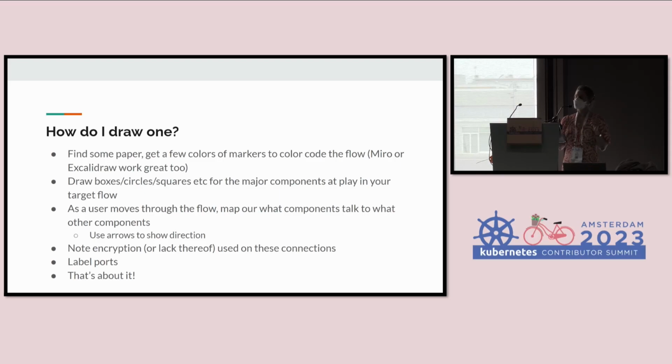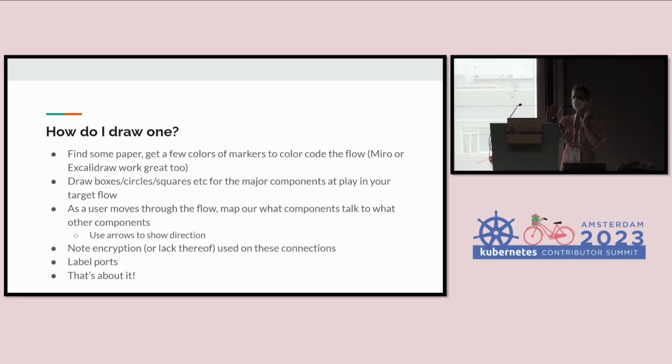Then, for your targeted workflow, just draw whatever shape you want, a square, a circle, a triangle, for the major components of that system and just stamp it out. Then as you think through how a user would move through that workflow, it's really just drawing arrows for how data moves around that system.